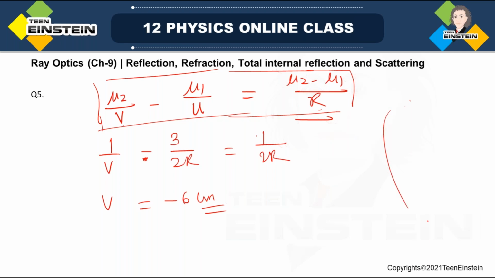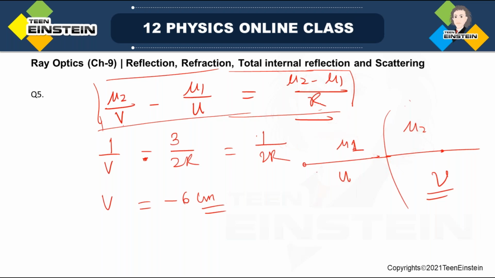If you have this kind of curved surface interface, you have mu1 and u, the object distance here, and then you have mu2 refractive index and the distance of the image will be v, right? So this is how this is written here. Now again, r can be written with proper sign.